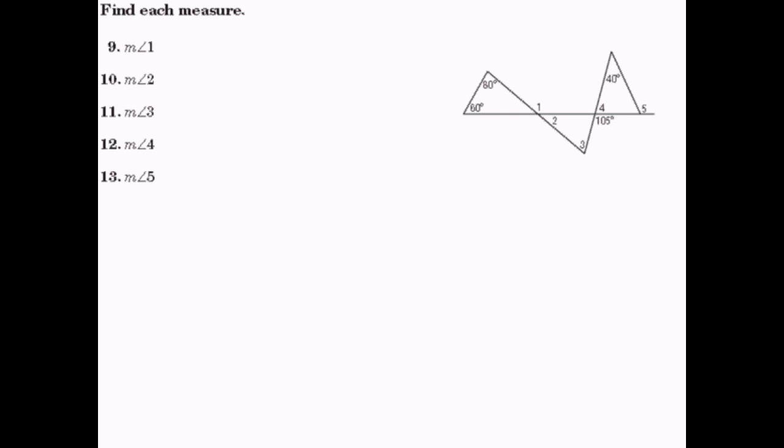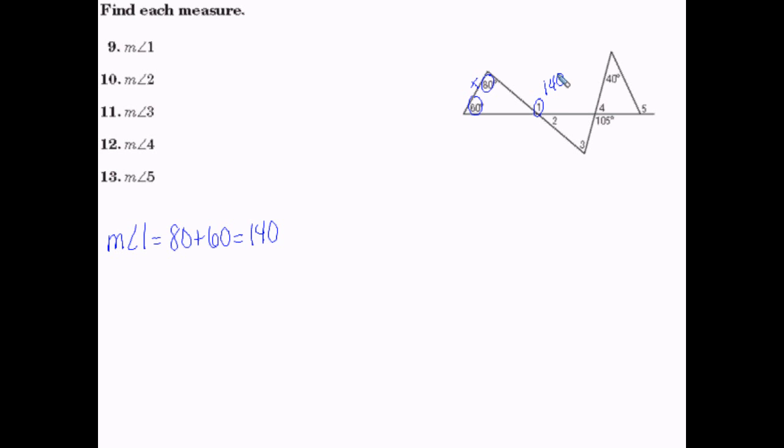Is that a 60? Can't see very well on the board. Is that 60? Okay. So angle 1 is going to be 80 plus 60. So 1 is equivalent to these two added together. So 140.